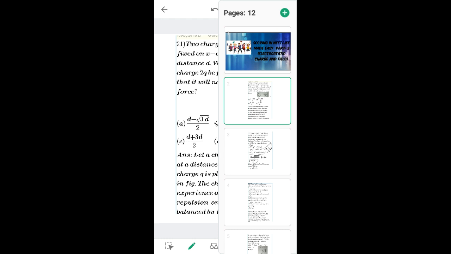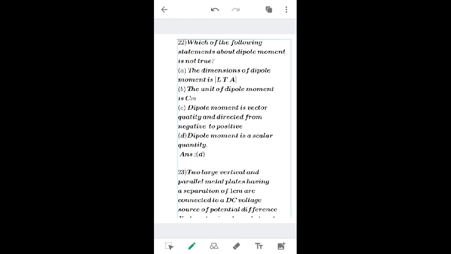Now let us go to the next problem. Which of the following statements about the dipole moment is not true? Okay, I will read out once more. The dimensions of dipole moment is L raised to 1, T raised to 1, A raised to 1. This is correct. You can find by yourself what will be the dimension of the dipole moment.